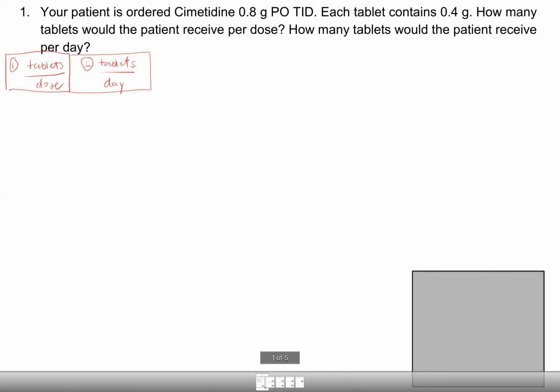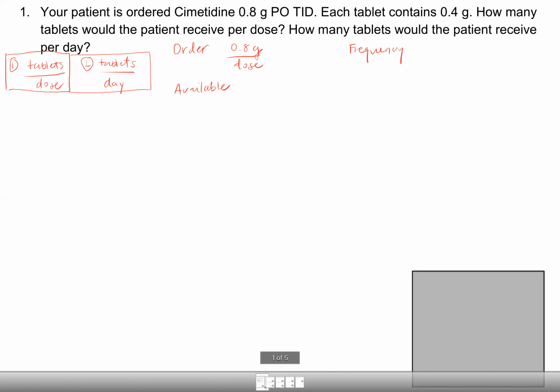So let's go ahead and tackle this question. The 3 things that I always put on my paper are order, available, and the frequency. So your order is 0.8 grams per dose.